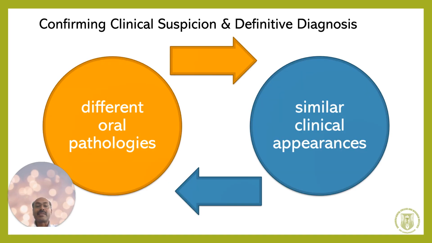Different oral pathologies have similar clinical appearances, because of which the clinician may be in a confused state of mind wherein he is not able to arrive at a diagnosis. So, biopsies definitely help in arriving at a final diagnosis.